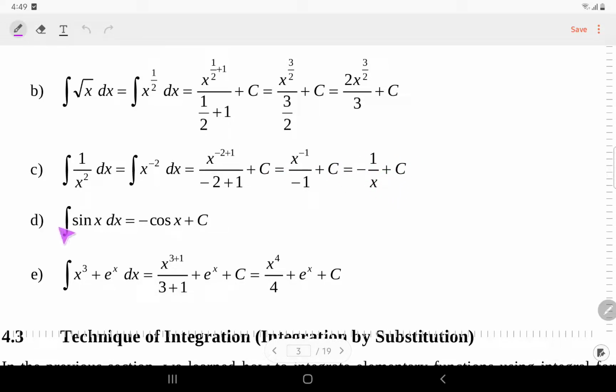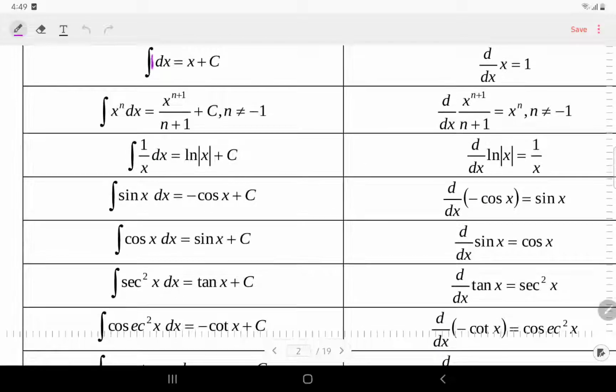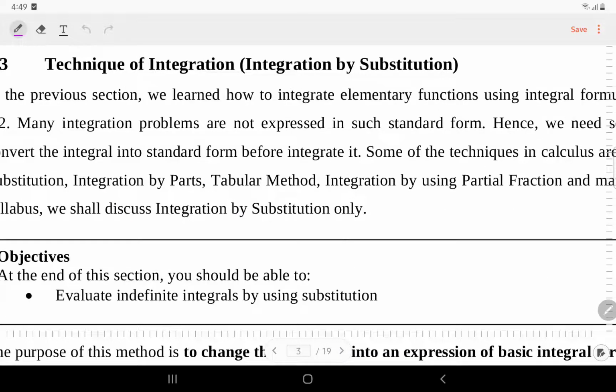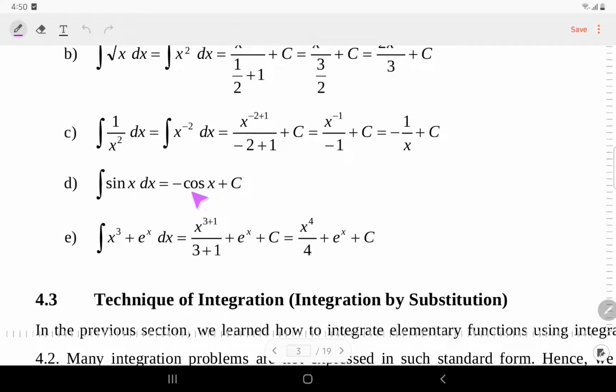Okay, then integrate sin x. Yang ni ada formula dalam ni tadi. Integrate sin x, we will get negative cos x plus c. The next one is x cube plus exponent power of x. So x cube kita apply konsep yang macam tadi: x power of 3 plus 1 divide by 3 plus 1.